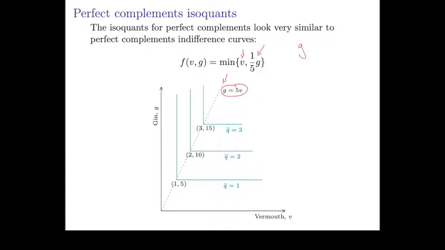Right? So if G equals 5V, if I divide both sides by 5, I get G over 5 equals V. So these two things are both equal when we're on this dotted line.